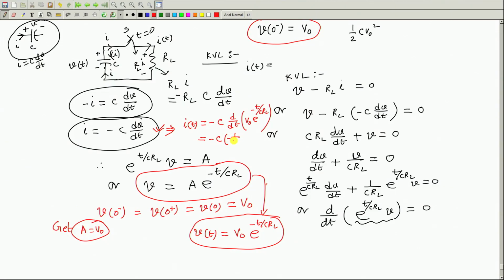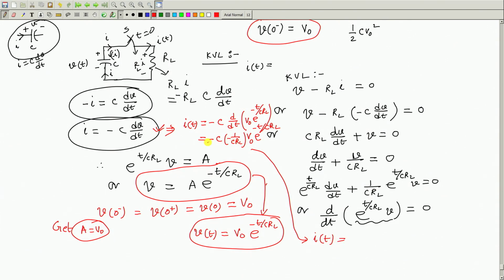So, minus 1 over C R L into V naught and e to the power minus t by C R L. So, the expression of the current will be then i(t) is equal to, this C goes, minus minus plus, so it will be V naught by R L divided into e to the power minus t over C R L.